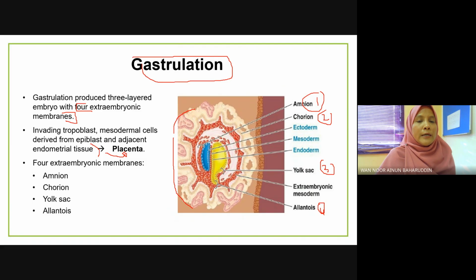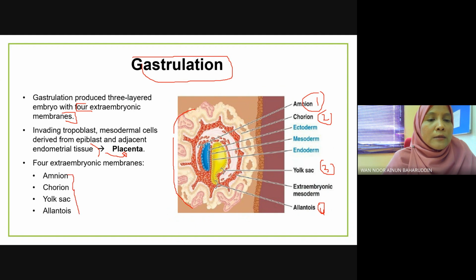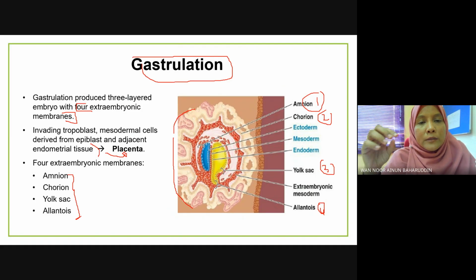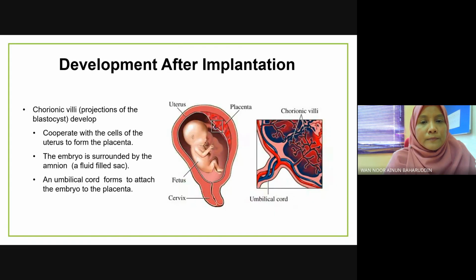So a 3-layered embryo with four extraembryonic membranes. Those are the four membranes formed during gastrulation.